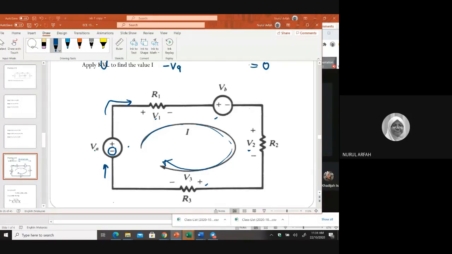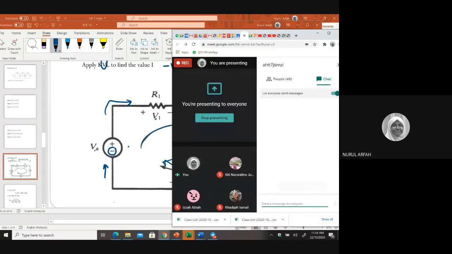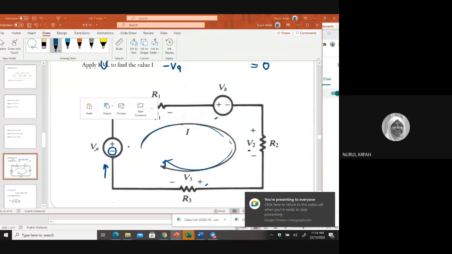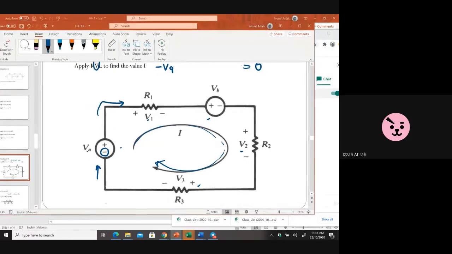What is the voltage drop across R1? If you want to write it down in the chat box, that is also fine. Minus VA, then plus V1. Yes, plus V1.